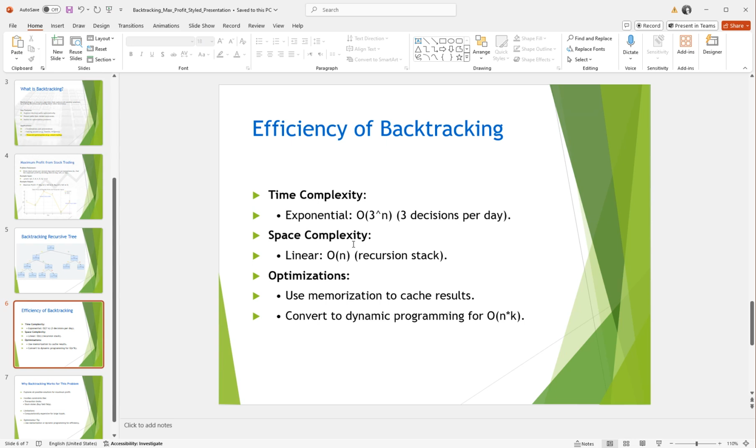The same with space complexity, because of the recursion stack. So we can use memoization to cache results, or we can convert to dynamic programming to optimize the algorithm.